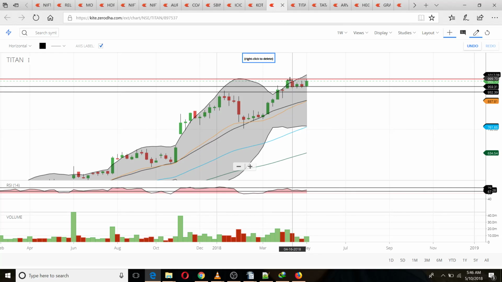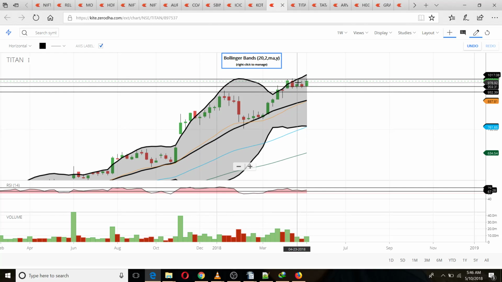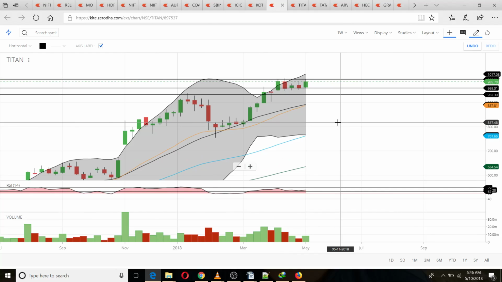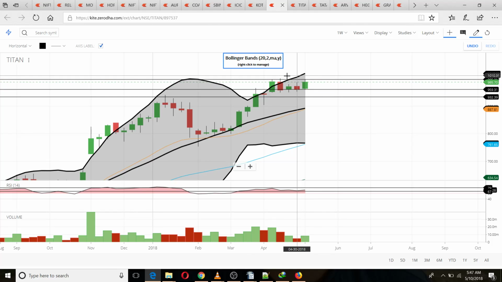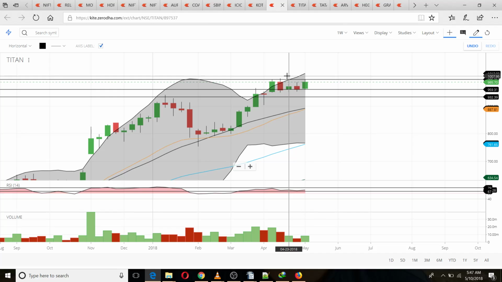trading becomes very boring. And especially if I'm buying a call, then I will not select any stock for which I see this range bound movement. Why? Because if it remains in the same range, price is going nowhere, but time is eroding. Time is slipping away.